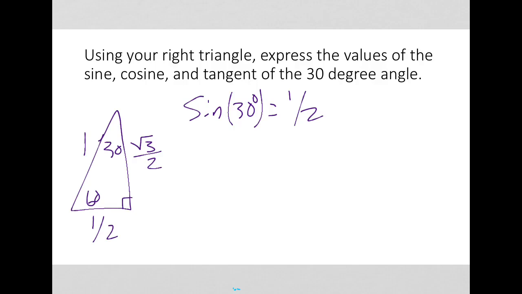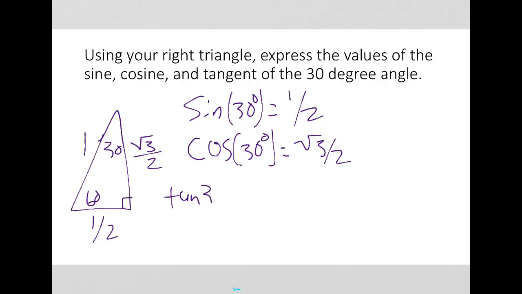Again, the hypotenuse is just 1, so we just get sine of 30 is 1/2. Okay, cosine of 30 then is going to be root 3 over 2, because cosine is adjacent. Root 3 over 2 is the adjacent side, and the hypotenuse is 1. So again, that doesn't do anything.